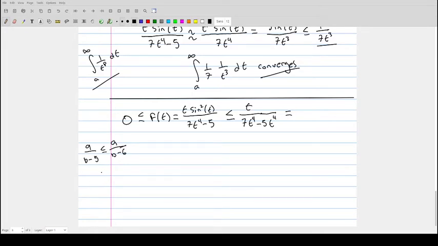And you can see this clearly if you reduce this a little bit. You cancel out the a's, multiply b minus 6 and b minus 5 times both sides. So you get b minus 6 is less than or equal to b minus 5, which is the same thing as negative 6 is less than or equal to negative 5. So the idea is that if I replace this negative 5 with something that's larger in magnitude, like negative 5t squared, it's going to make this smaller.